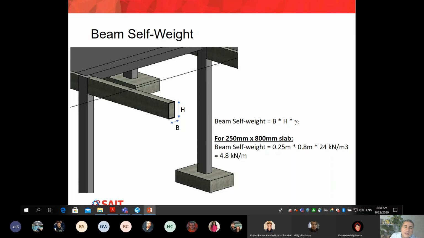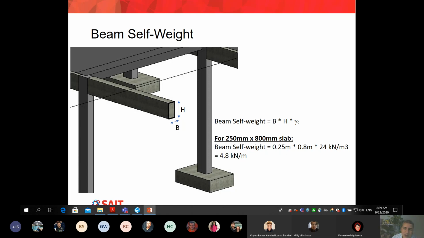Now the second element. I'm trying here to show you how we estimate the beam self-weight. My beam here is not steel. Probably by now you knew how to find the self-weight of a steel beam, like a W section. This one is different. This one is concrete, and I'm going to go with the most common beam section.